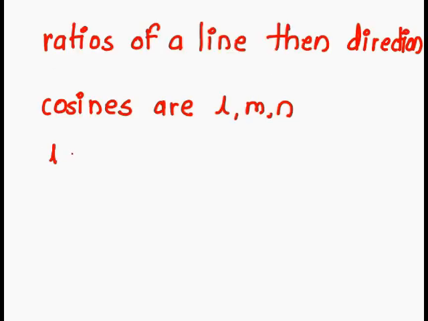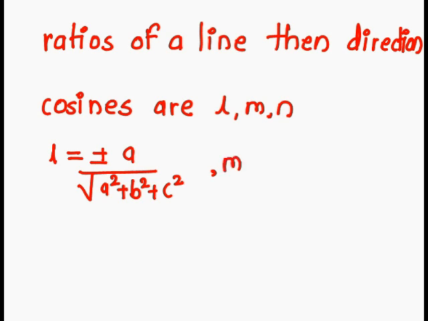L is equal to plus or minus A upon square root of A square plus B square plus C square. Similarly, M is equal to plus or minus B upon square root of A square plus B square plus C square. Now can you guess N?